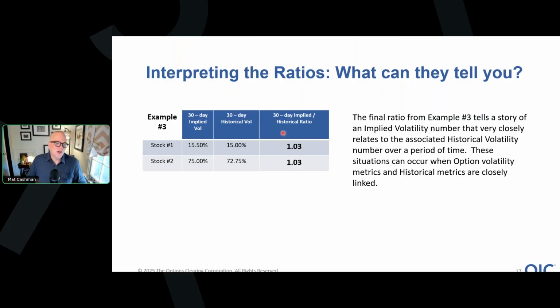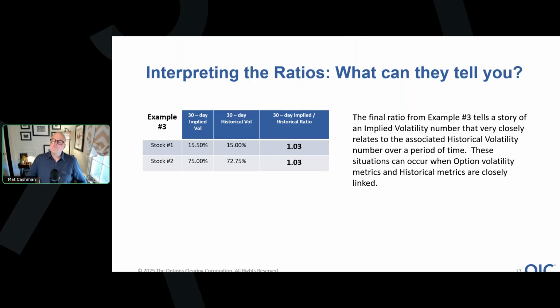These situations generally occur when the metrics of those two line up and they're closely linked. Oftentimes you can see situations where things are moving around just enough to keep things interesting and the implied vols are doing the same thing, you'll see levels where it's priced in a way that's not that far off. It's not uncommon for people to see 103s, 105s, 110s, things of that nature.